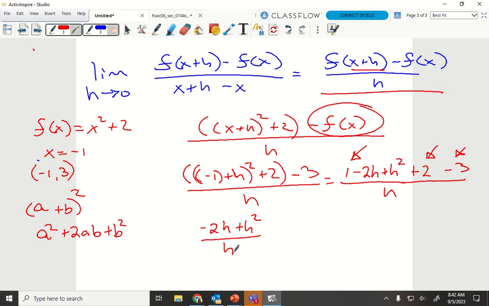So if you take out a common h, you're going to have h times (-2 plus h) over h. And what's going to happen to those h's on top and bottom? They're going to reduce. They're going to cancel there, right?